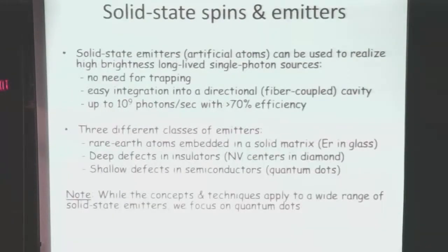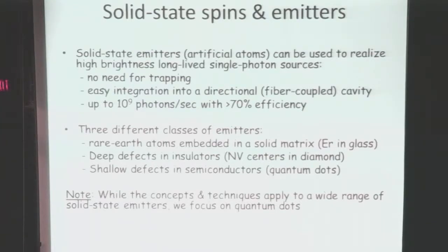So if you want to use solid state as single photon sources, this definitely brings certain advantages like fast emitters, integrability, and not having to worry about confining your emitters, but it also brings up issues with the coherence times, which is particularly true in semiconductors.